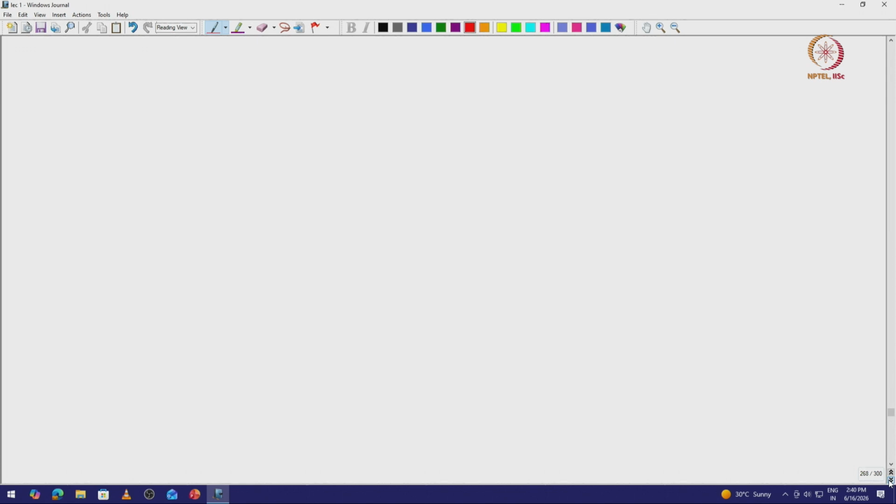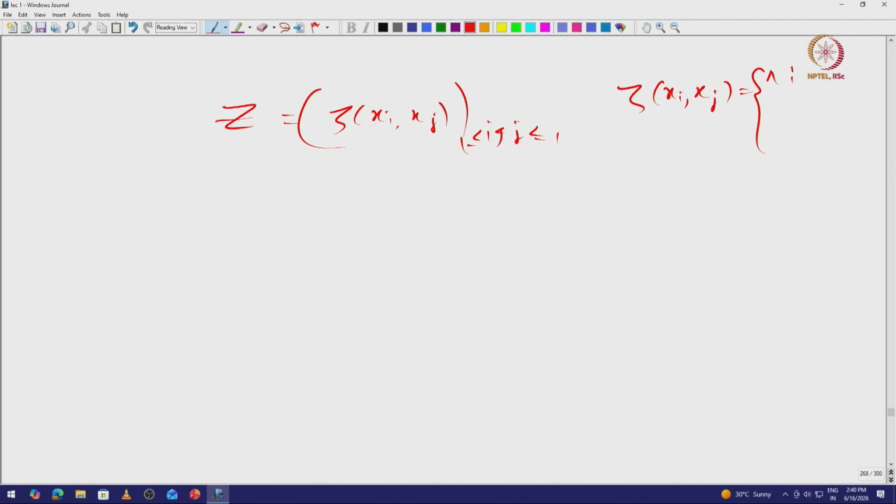Recall that z is nothing but zeta of x_i x_j, with i, j running from 1 to n, and zeta of x_i x_j is exactly given by 1 if x_i is less than or equal to x_j, and 0 otherwise.